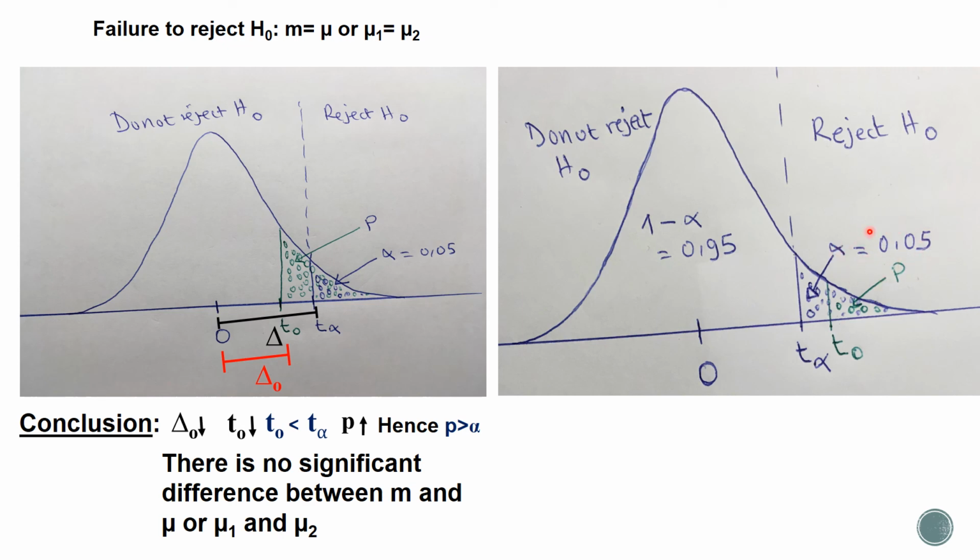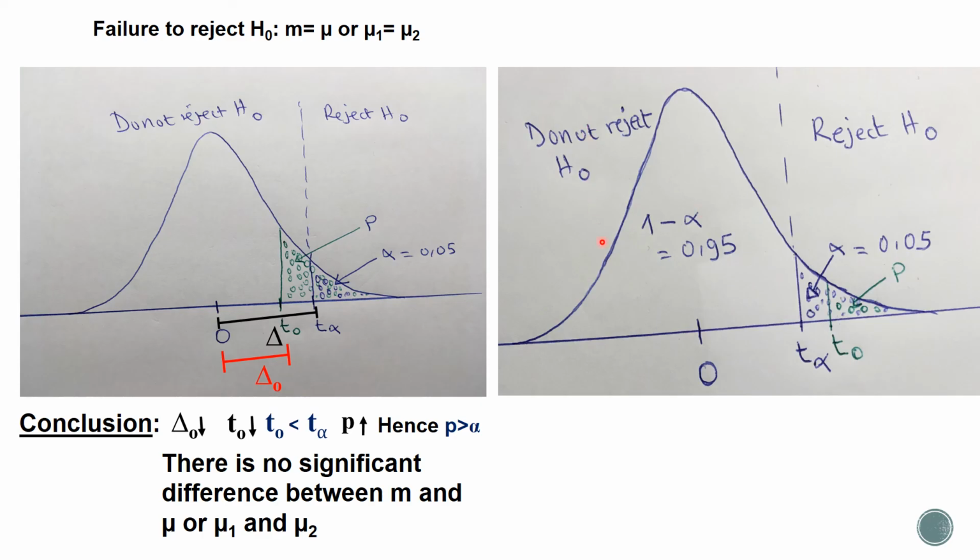And that probability of random sample error is alpha. So our confidence level is 95%. In other words, 1 minus 0.05 gives us a probability of 0.95 if the null hypothesis is true.